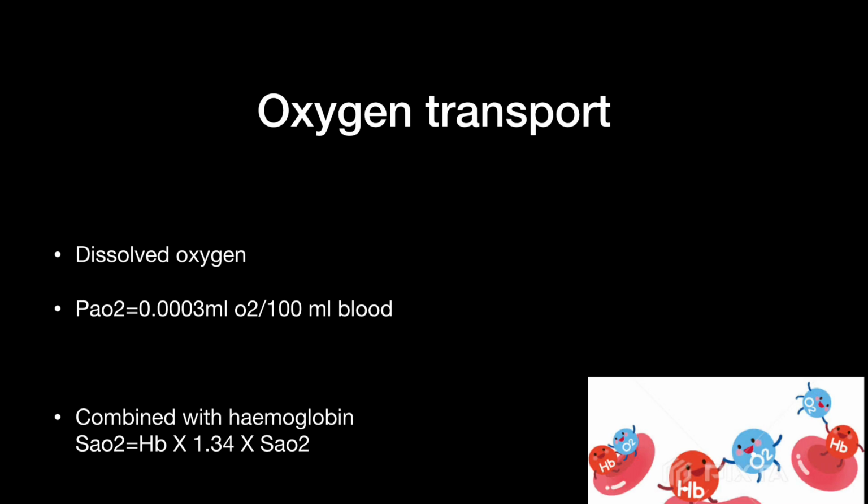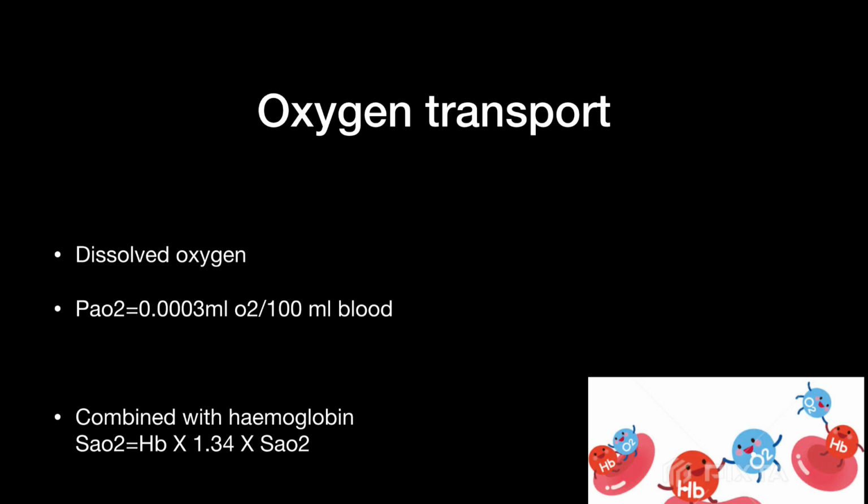Now, this oxygen is in the blood in two forms. One, it can be dissolved oxygen, which is known as the PaO2. Second, it can be in the combined form with hemoglobin, which is called the SaO2.